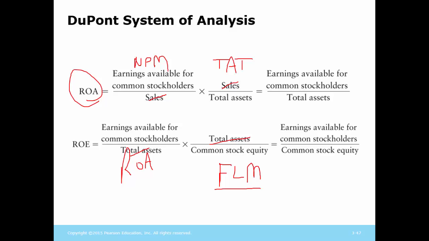Earnings available divided by common stock is return on equity. So the importance of this technique is look, how do you get more return to your owners? There's three things managers can do. They can increase the profitability of the company. They can increase the efficiency of the company. And they can increase the debt of the company. Those three decisions will increase return on equity.